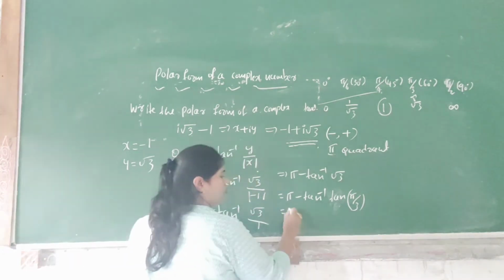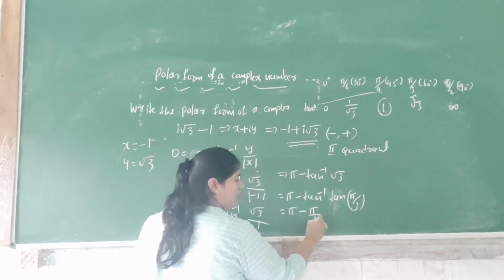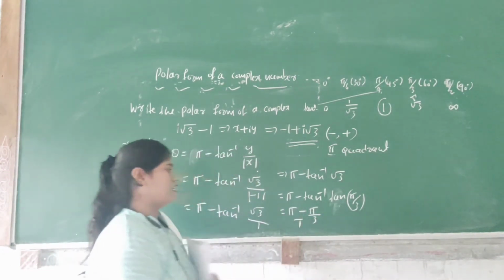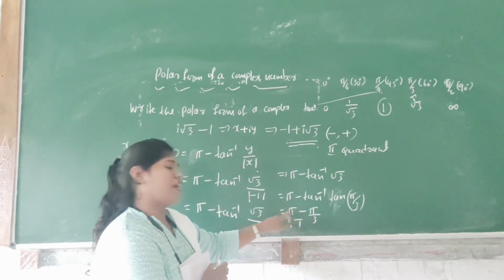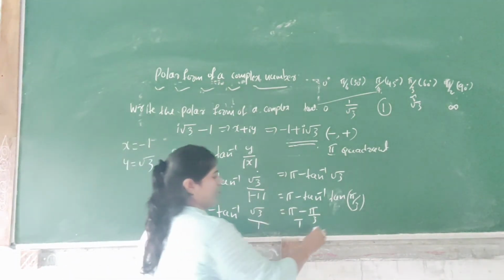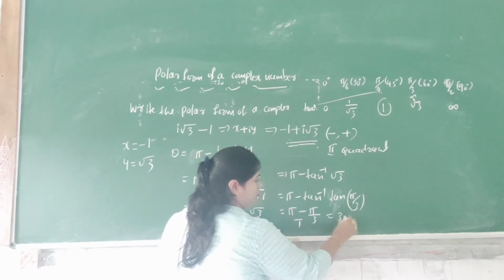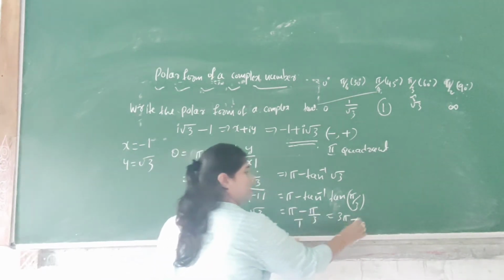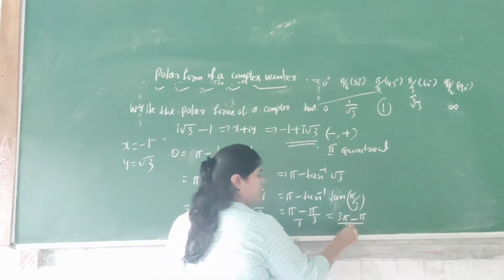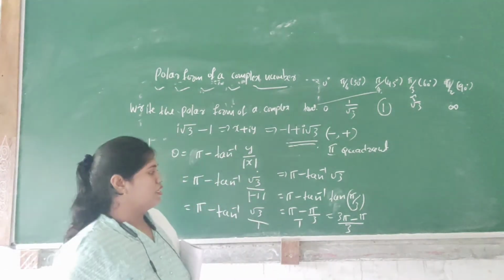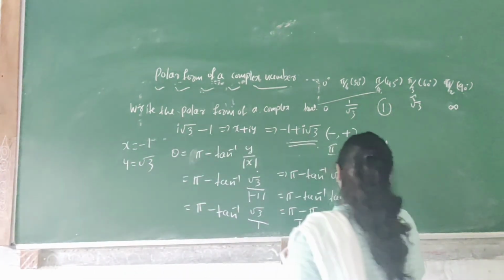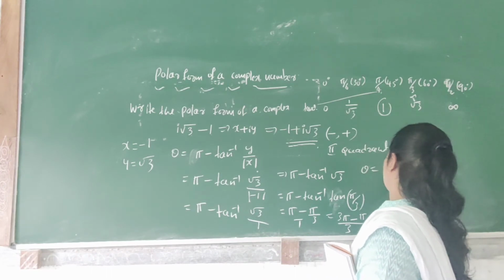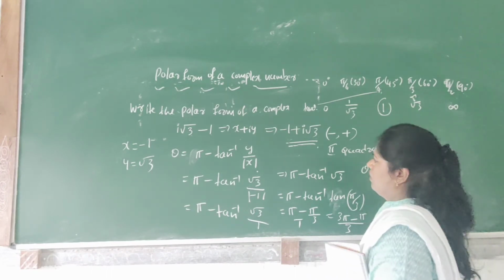So it is equal to pi minus pi by 3. You know the simplification, cross multiplication: 3 into pi is 3 pi, minus 1 into pi is pi, divided by 1 into 3 is 3. The answer is theta is equal to 2 pi by 3.